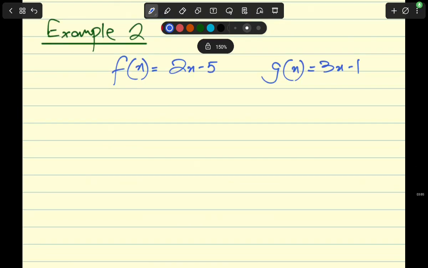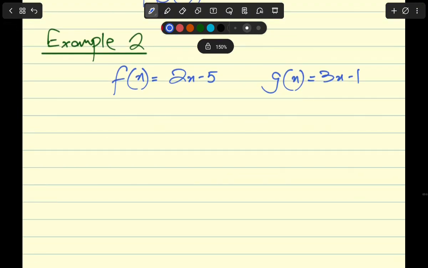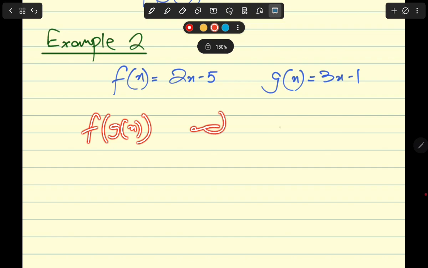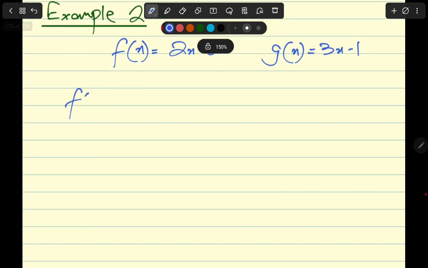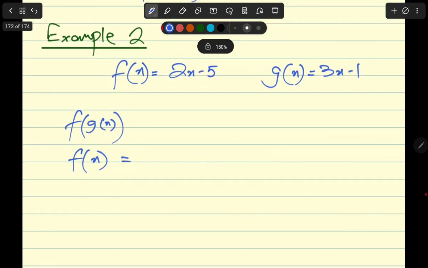Now I'll ask you to pause this video and try to find f of g of x and g of f of x. You can pause it and I'll proceed to solving it. Now f of g of x: in f of x, which is 2x minus 5, you are going to put g of x as input.